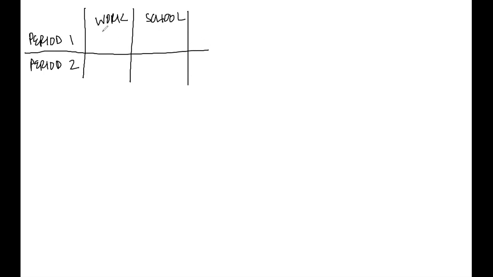So we have both periods, and then we have work, and we have school. So in period 1, if she decides to work, she'll make $200, and then in period 2, she'll make $250.